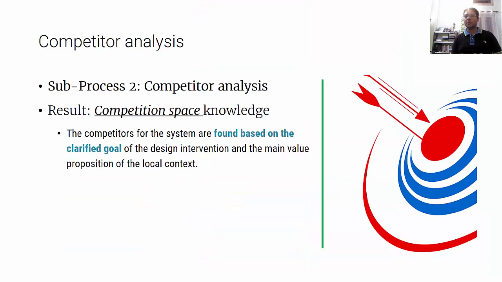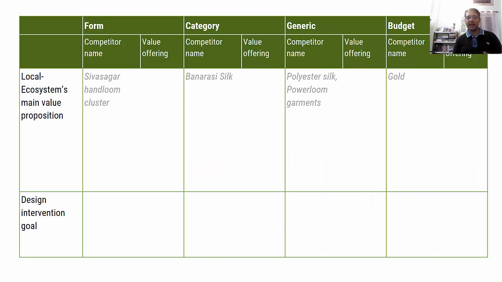Finally, this is the competitor analysis tool, and it results in identifying the competition space. This is what the tool looks like, and on the left hand side you have the main value propositions of the SE, along with, as you go on, the columns are the different forms of competitors that are there. We have given an example of Muga silk in terms of form of the SE itself.